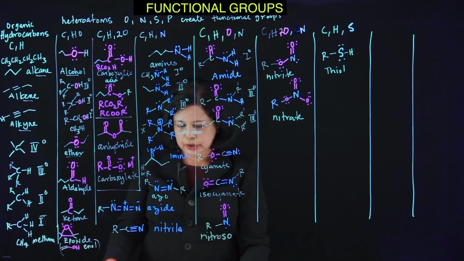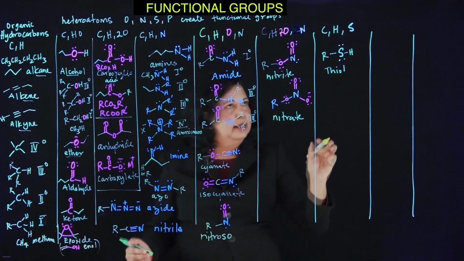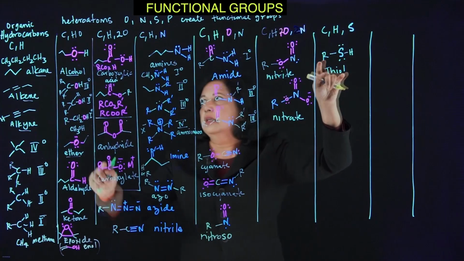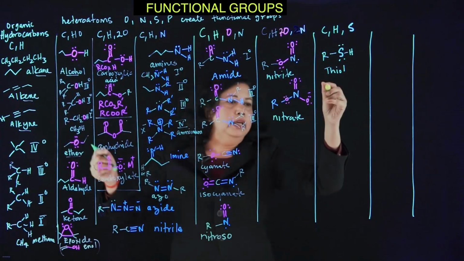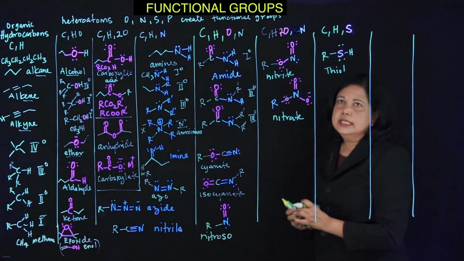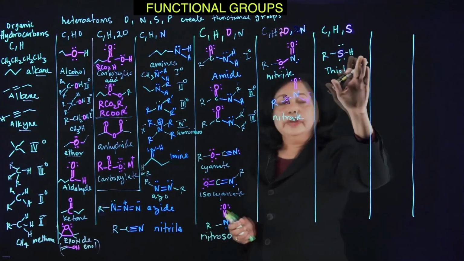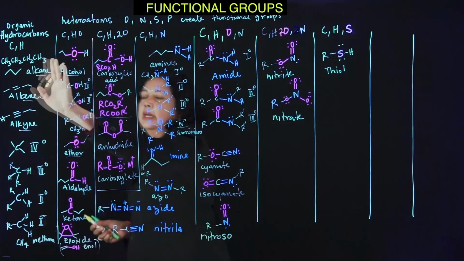And then you can also have, just like in the oxygen, inserted in between, not at the end like here, you can put it in between. So the sulfur can be either at the end or in the middle.